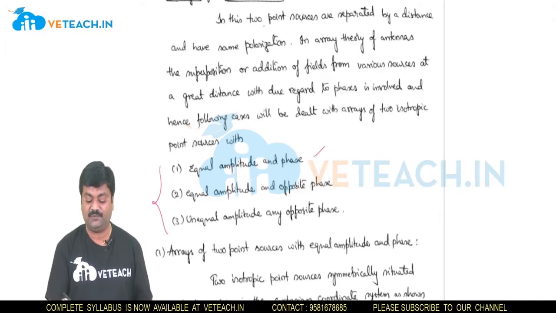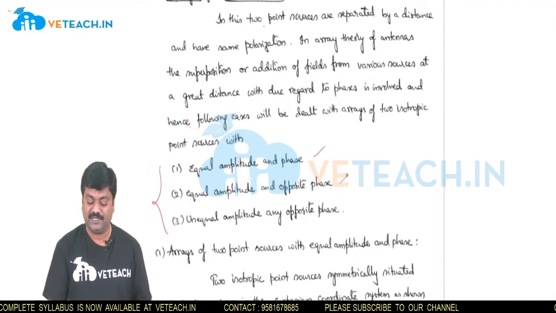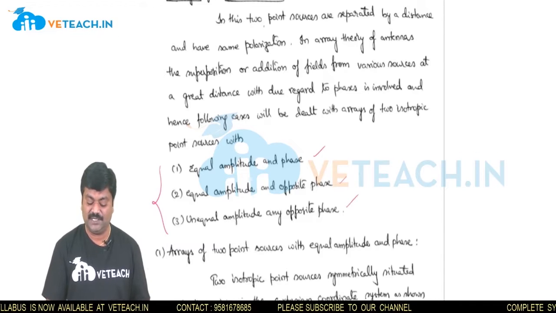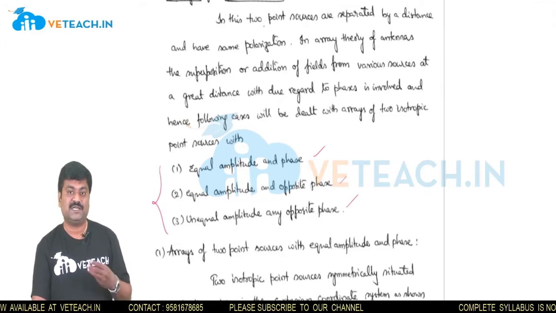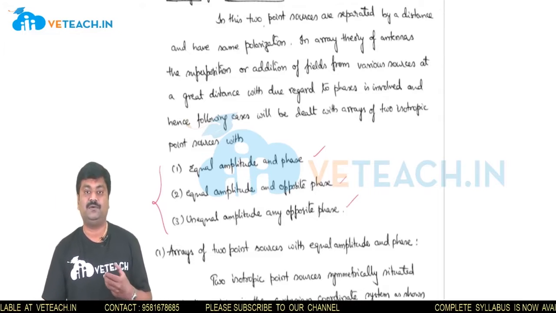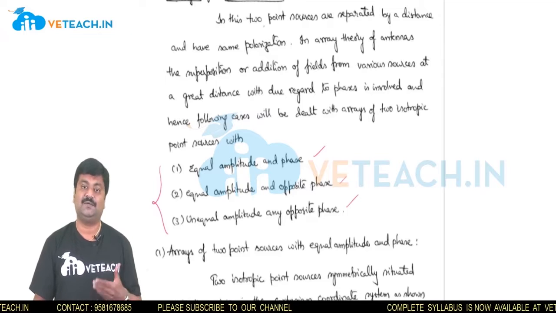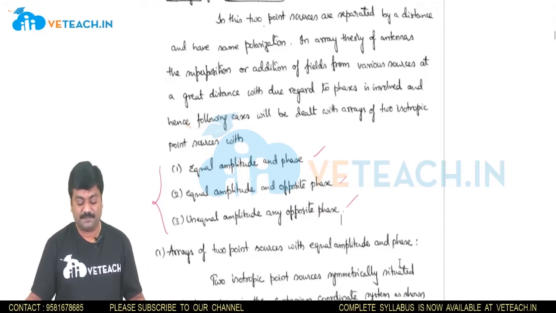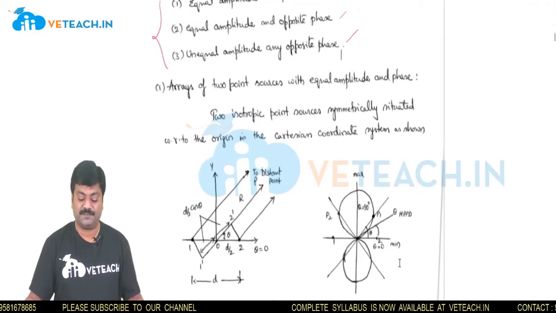We have one, equal amplitude and phase. The second one is equal amplitude and opposite phase, and the third one is unequal amplitude and opposite phase. So these are the three cases where we consider currents and phases to define the field patterns. And the first case is equal amplitude and phase.